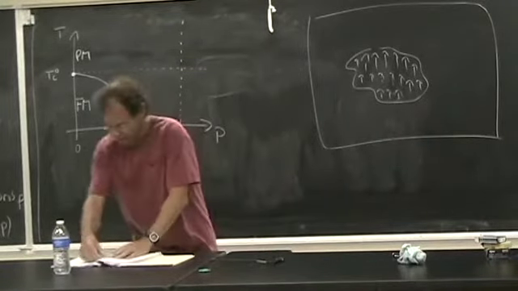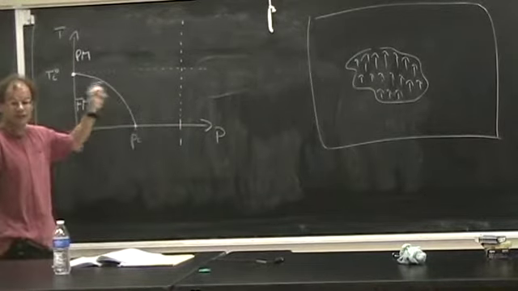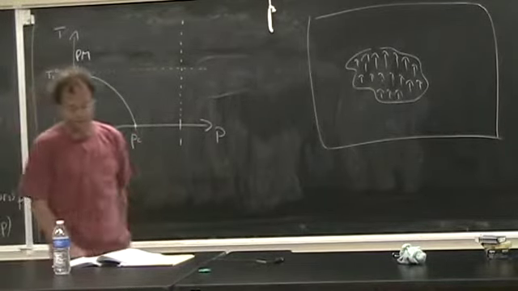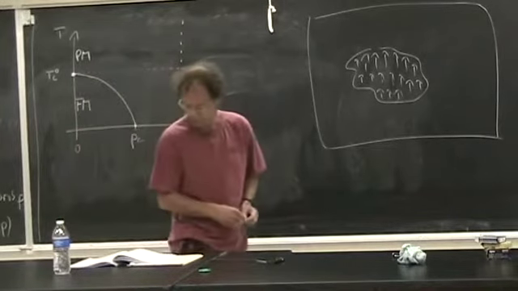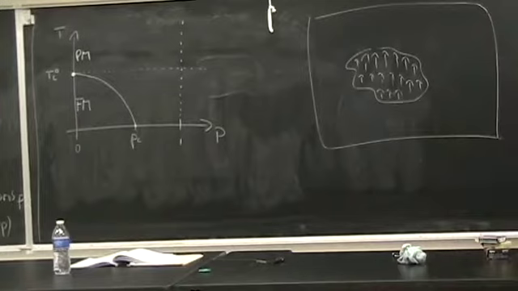Okay, and those regions, upon crossing TC naught, right, they want to order locally, because they look like a piece of the clean system.